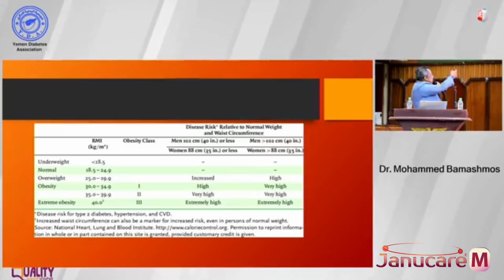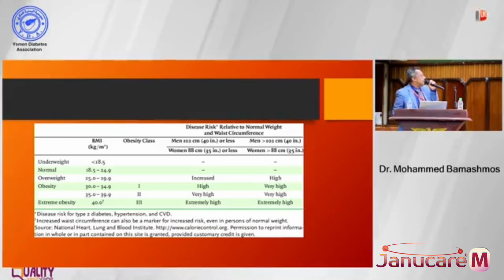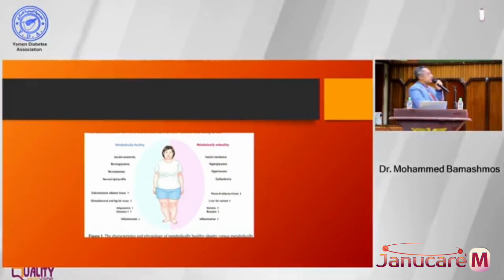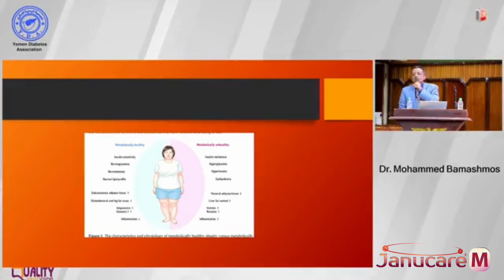So according to the body mass index or the waist circumference, in males a waist circumference more than 102 cm is considered central obesity, and in females more than 88 cm. So what is the importance of assessment of central obesity? Nowadays they classify central obesity into two types.